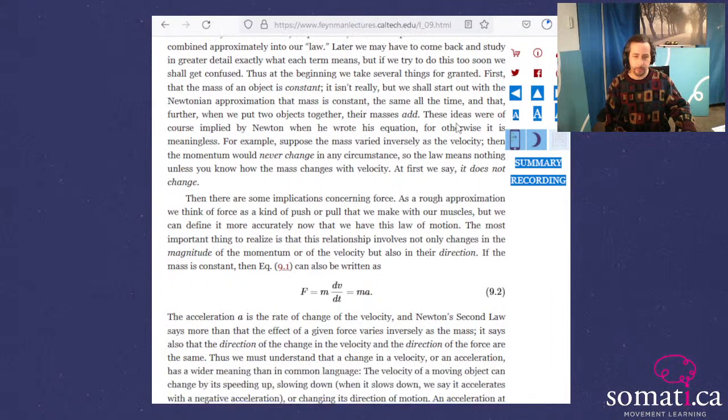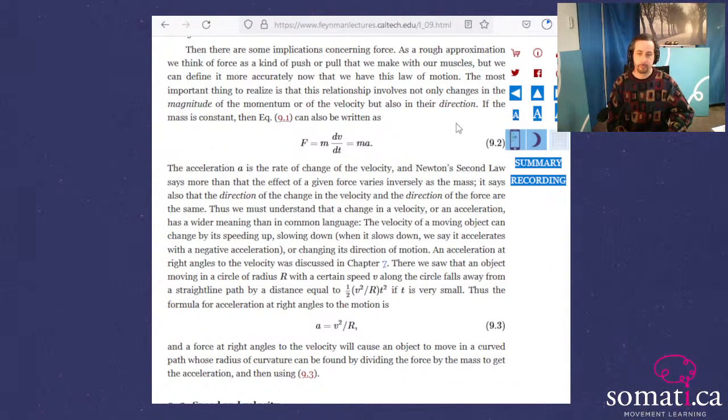Because it's a constant times something changing. And emphasizing that change in direction counts as a change in velocity.